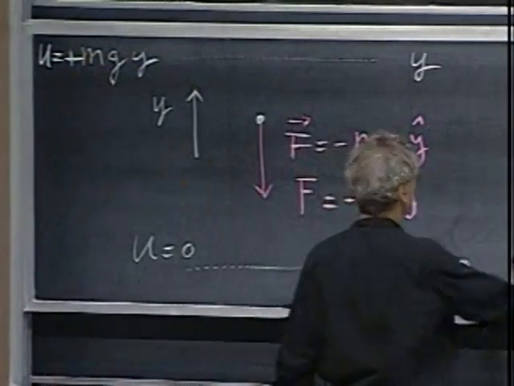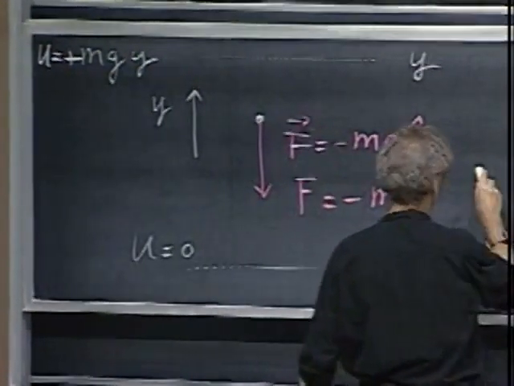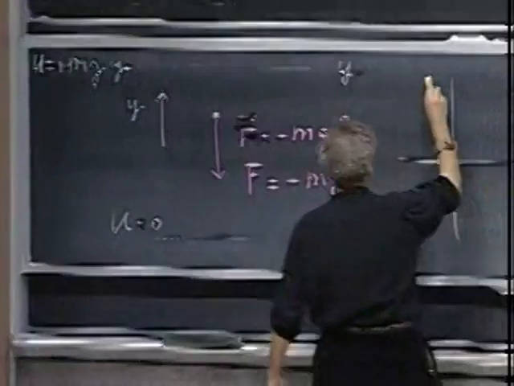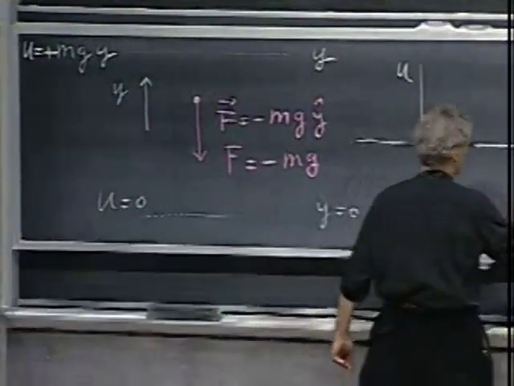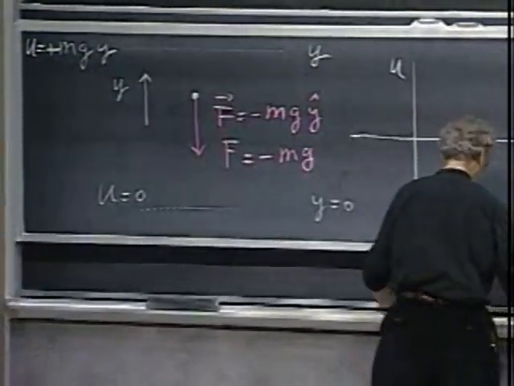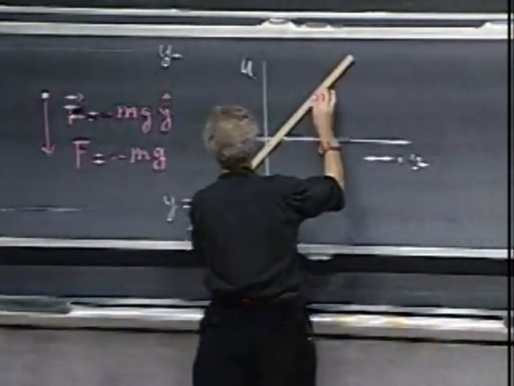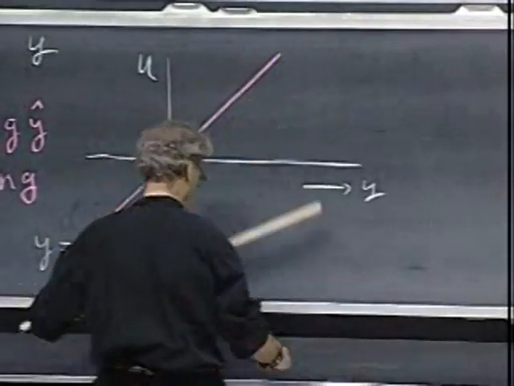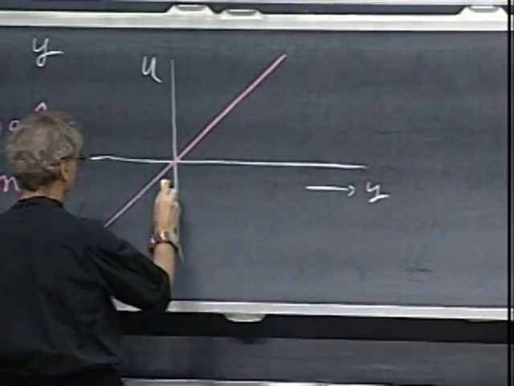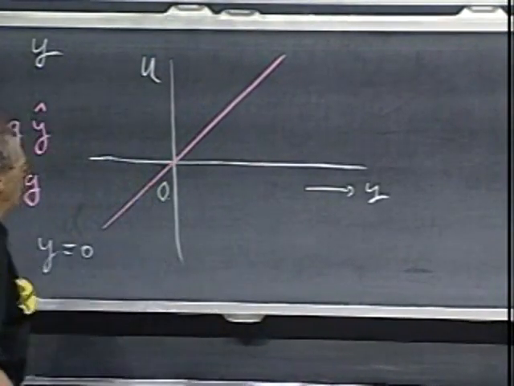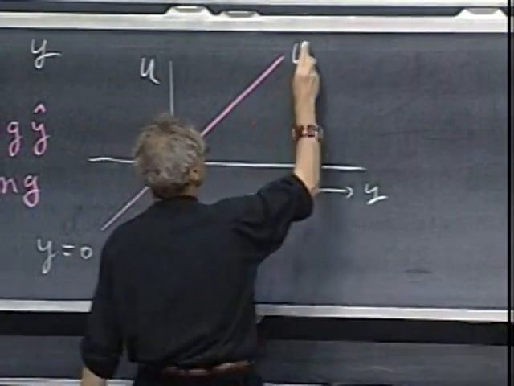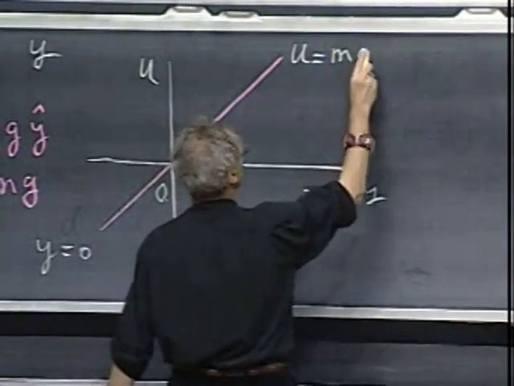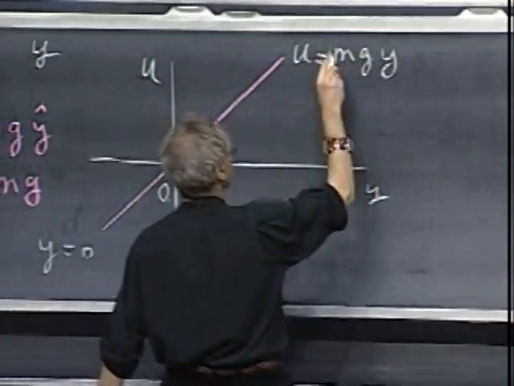So if I make a plot of the gravitational potential energy as a function of y, then I would get a straight line. This is 0. So this equals u equals mg y, the plus sign.